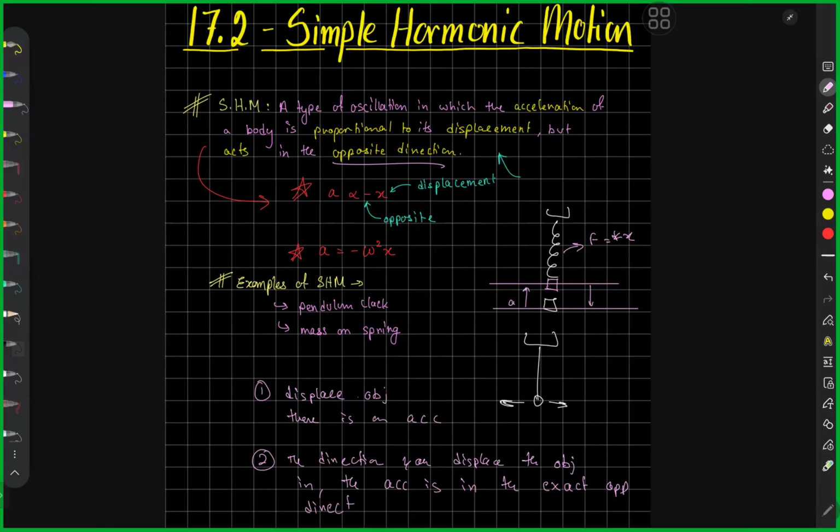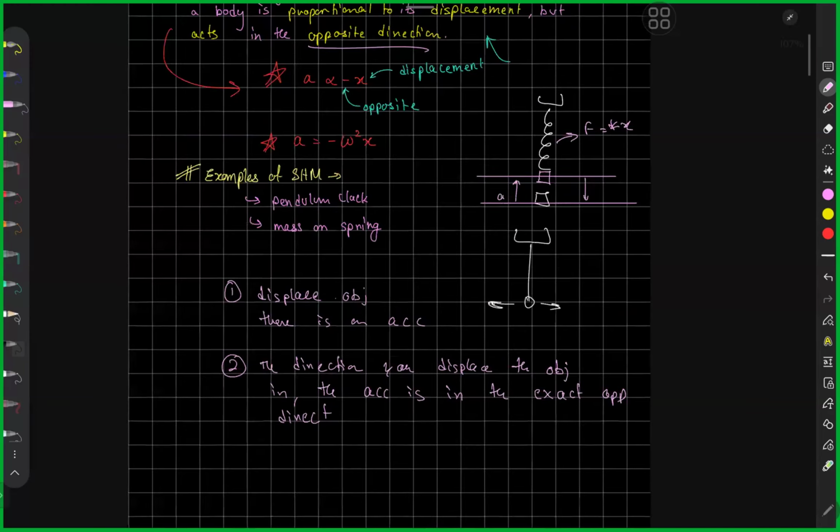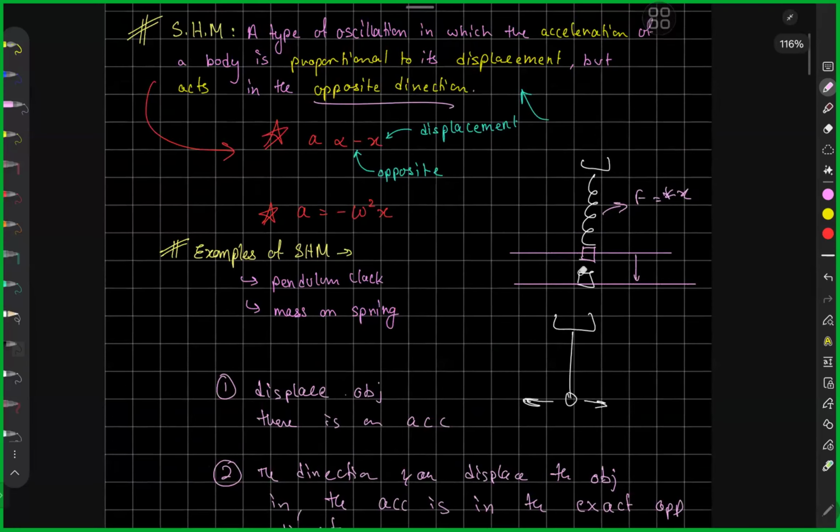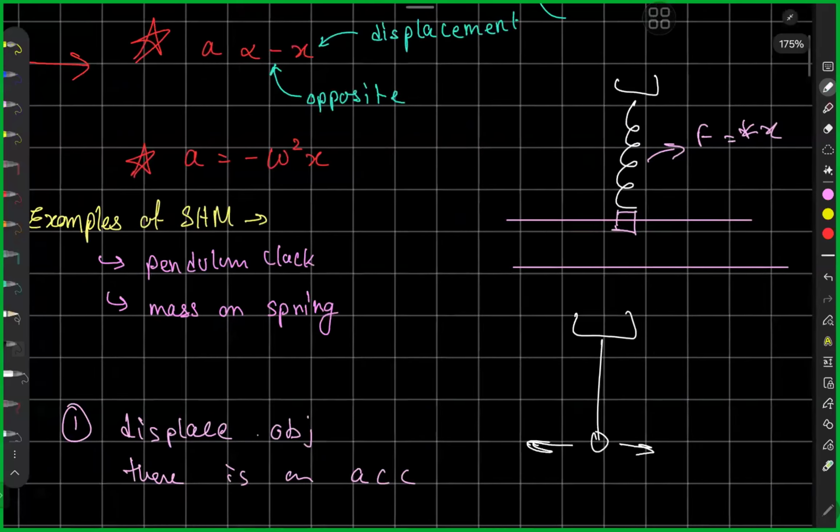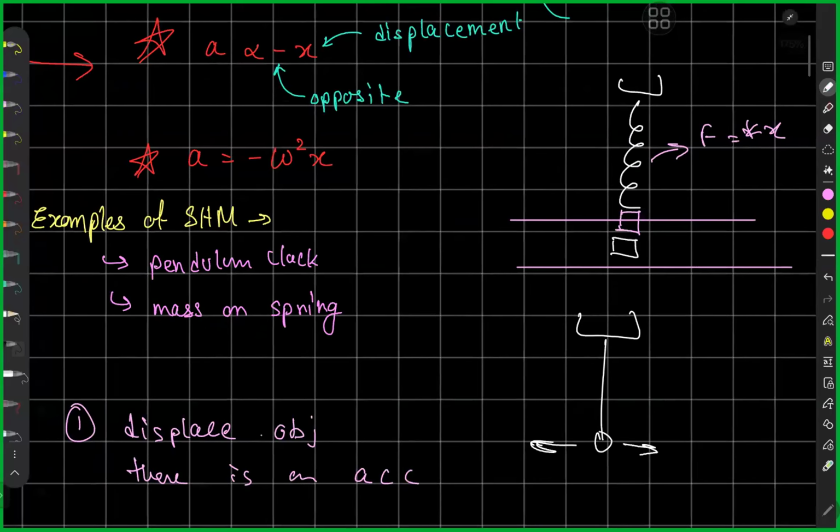You find that the magnitude of acceleration is exactly proportional to displacement. So what that means is, if I displace the mass over here by this much, acceleration increases in a certain proportion.